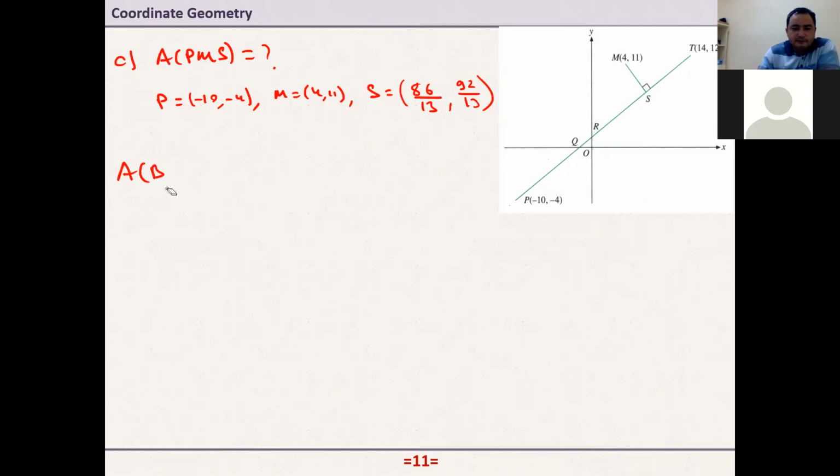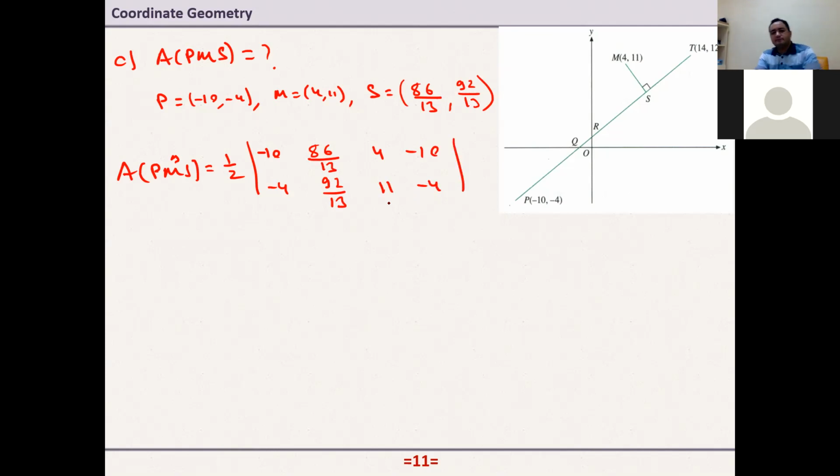PMS is equal to 1 over 2 times the determinant. Starting from P, S, M: P is minus 10, minus 4; S is 86 over 13, 92 over 13; M is 4, 11; and back to minus 10, minus 4. Okay, and we can just evaluate and get the answer.